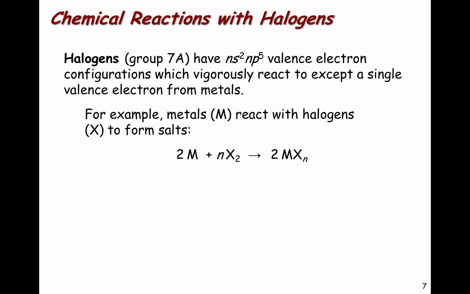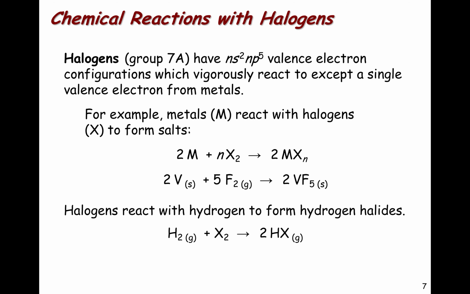The example shown here is vanadium metal reacting with fluorine. Vanadium's highest positive charge is 5 plus, so hence we produce the vanadium 5 fluoride as a solid. Halogens also react with elemental hydrogen to form the hydrohalic acids in the gas phase, or the hydrogen halides, and this is a pretty common type of reaction that you might encounter as well.